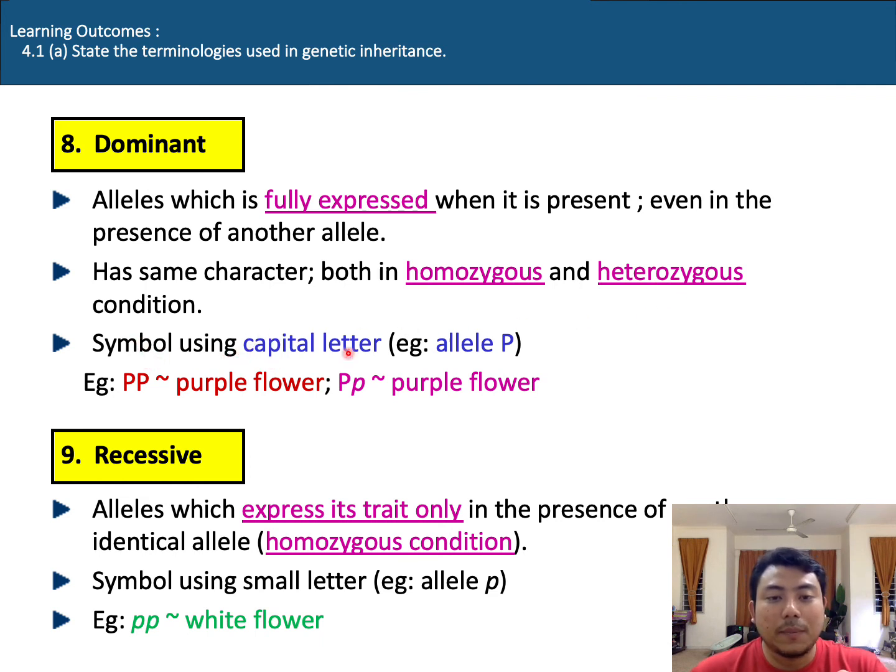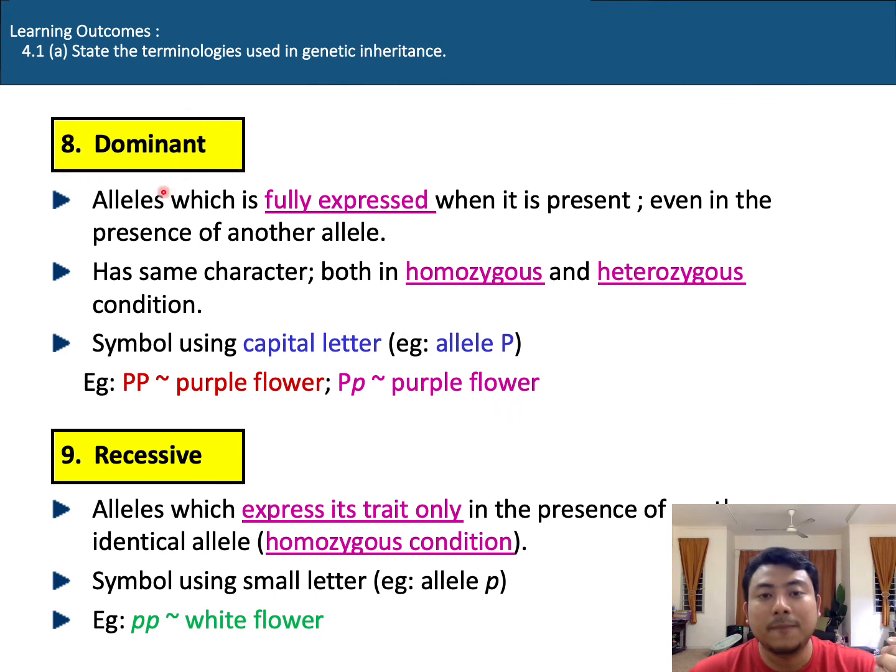Symbol using capital letter, allele P besar, capital letter P. For example, if we have a gene for purple and purple, apa yang kita nampak tetap adalah purple. But if we have alleles for purple and white, dia tetap nampak purple. Sebab purple ni adalah ciri-ciri dominant.